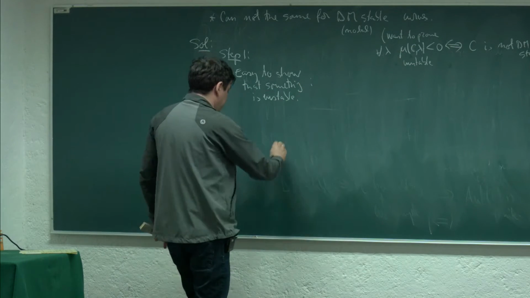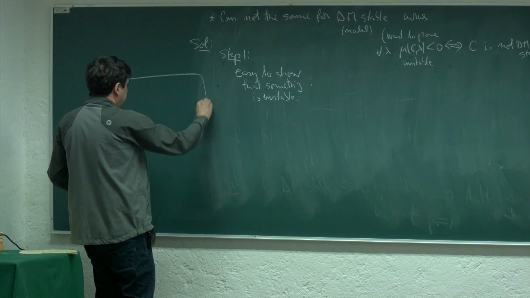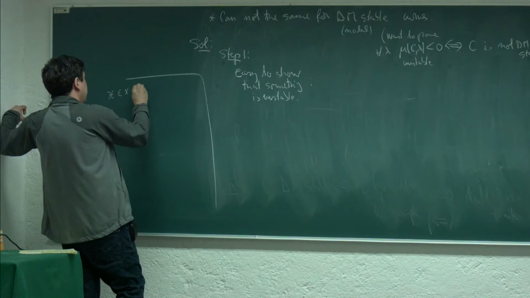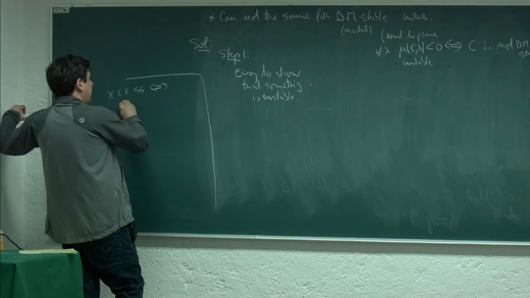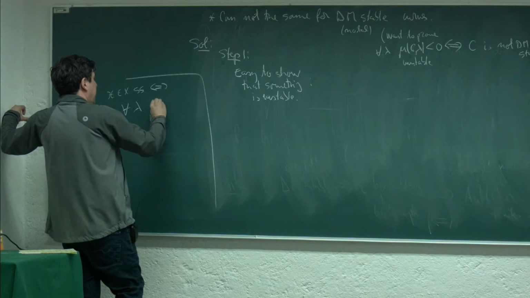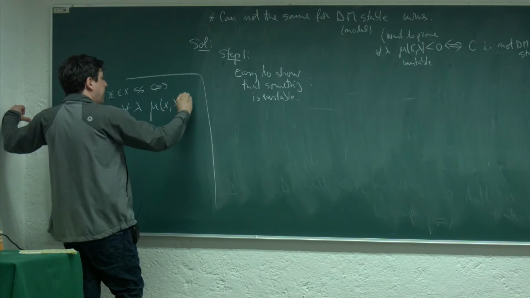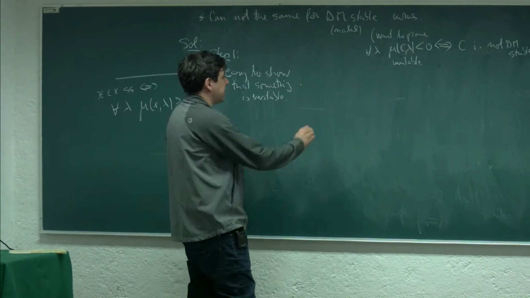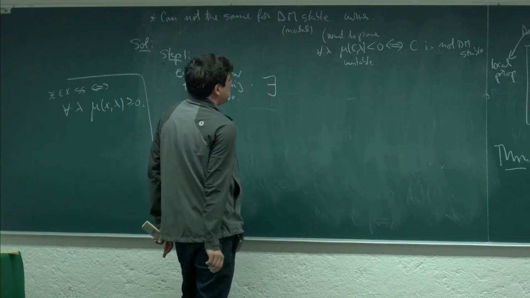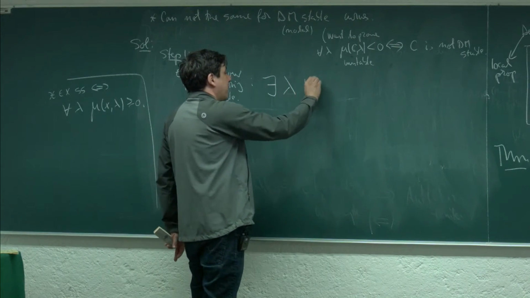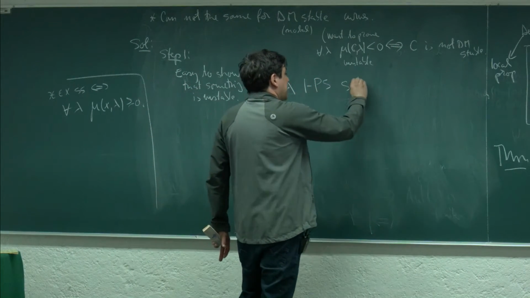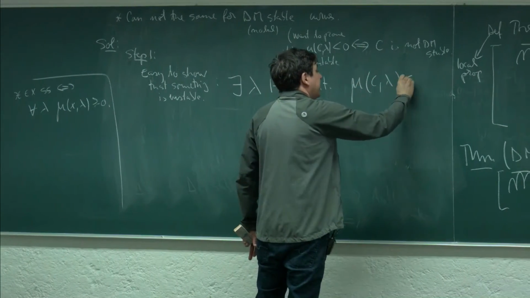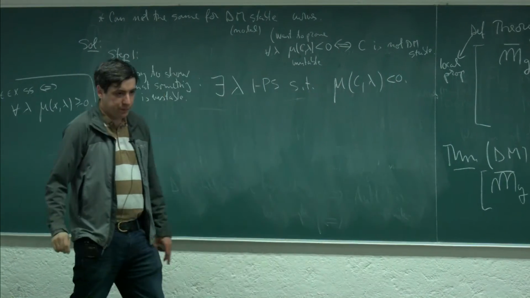Remember the numerical criterion is that x in X is semi-stable if and only if for all lambda, mu of x, lambda is greater or equal to 0. So to show that something is unstable, it suffices to say there exists a one parameter subgroup lambda such that mu of C and lambda is less than 0.